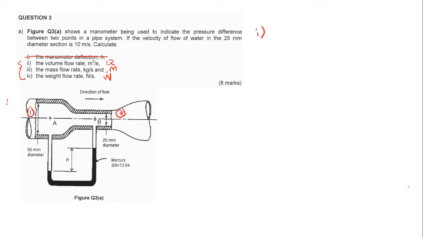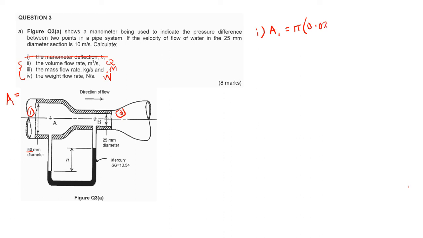So A1 equals pi R squared. R dia berapa? 0.0125, because 25 divided by 2 is 12.5, betul tak?